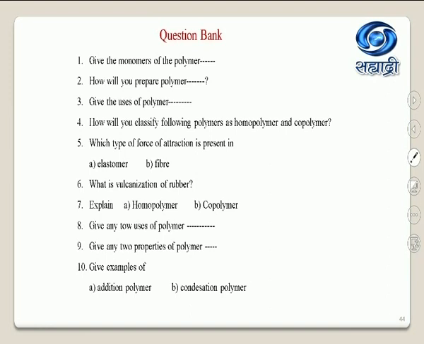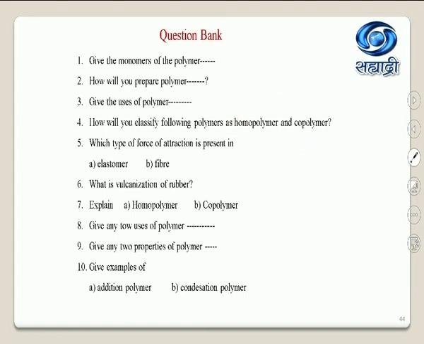When the polymer is obtained from different monomers, then it is a copolymer, and when the polymer is obtained from a single and same monomer, then it is known as a homopolymer. So some examples of polymers will be given and you have to classify them as homo and copolymer.